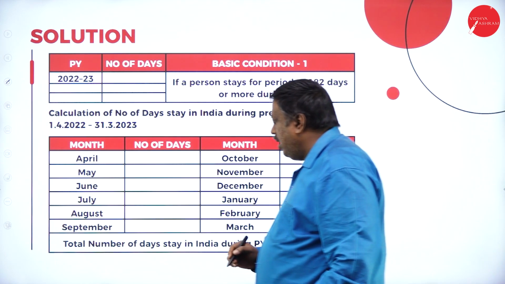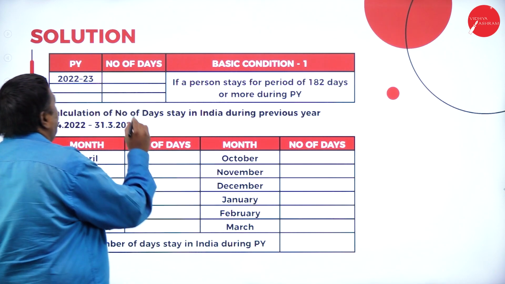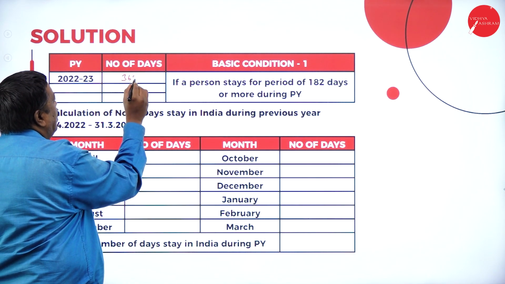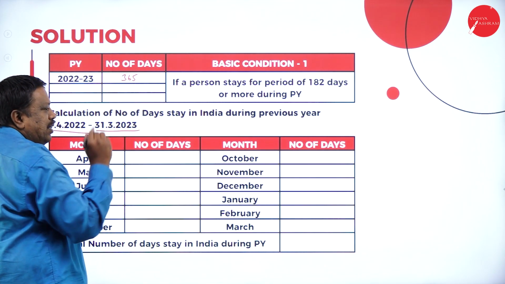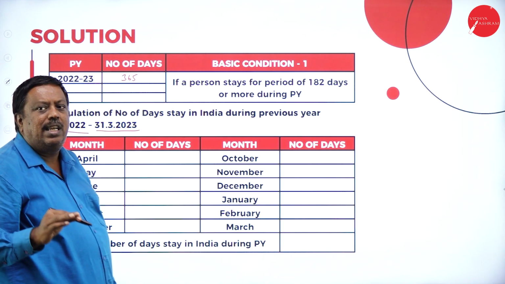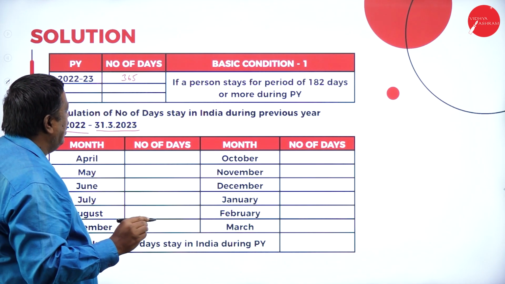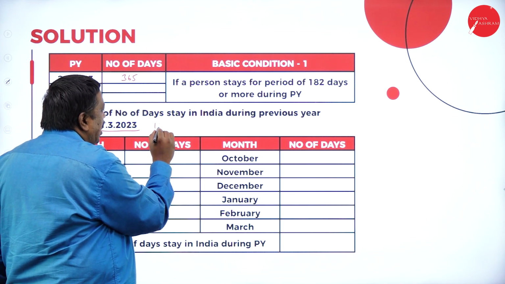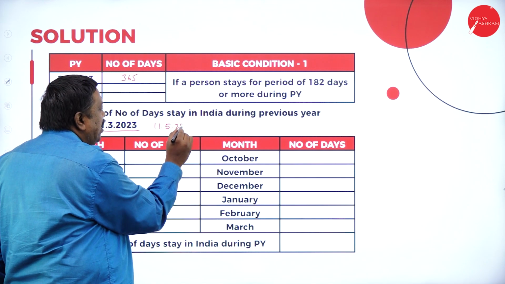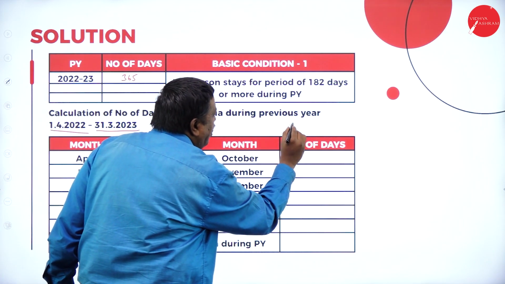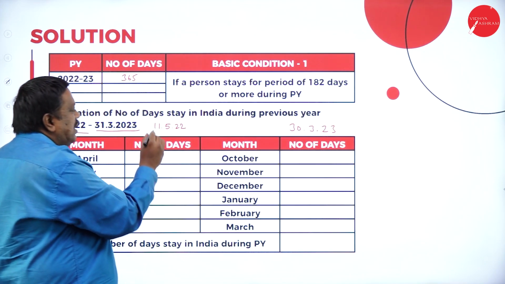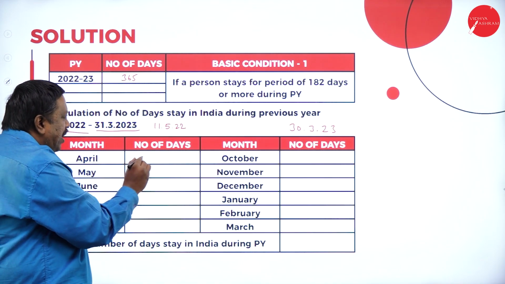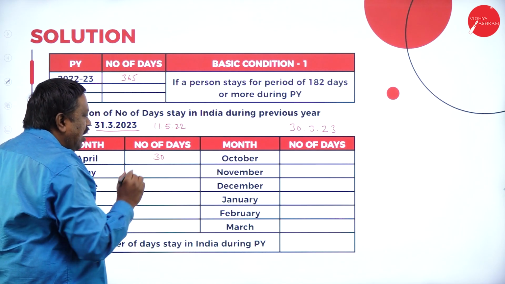Now, in the previous year we have 365 days, from 1st April 2022 to 31st March 2023. I left India on 11th May 2022 during the previous year and returned back on 30th March 2023. April, I was in India.